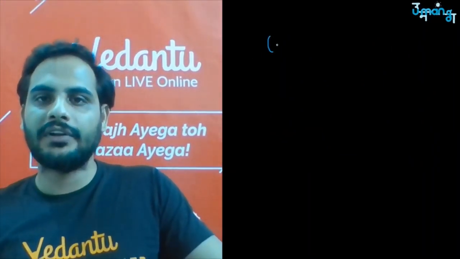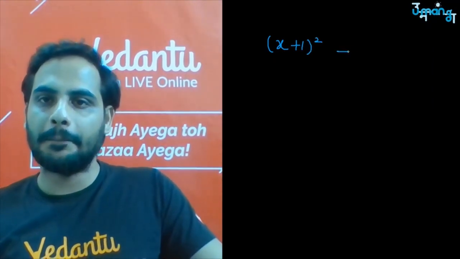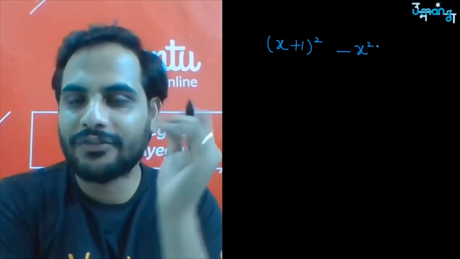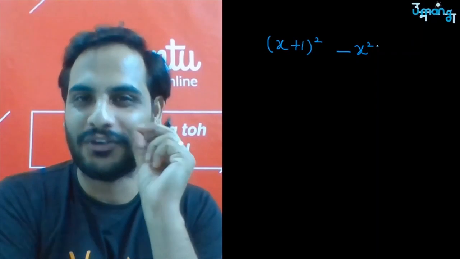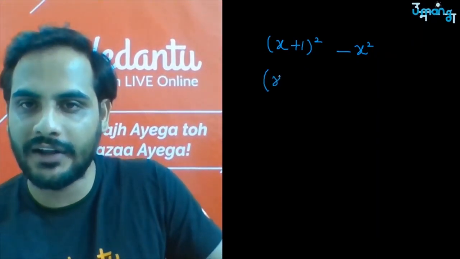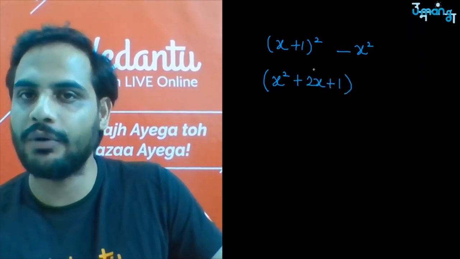A very beautiful example. Suppose I give you (x plus 1) whole square minus x square. What is the degree? You will see, sir, the x square term is present, so the degree is 2. But it is not so easy. First, simplify it. (x plus 1) whole square can be written as x square plus 2x plus 1, using (a plus b) whole square.